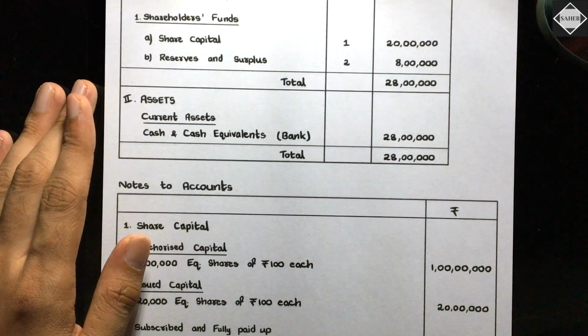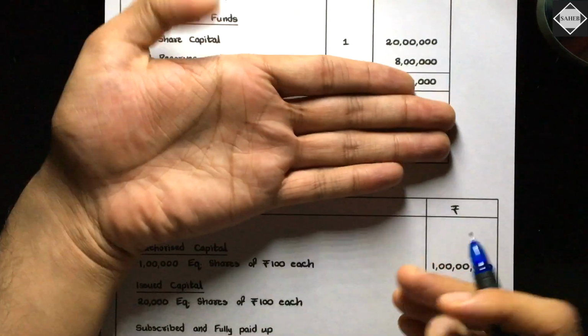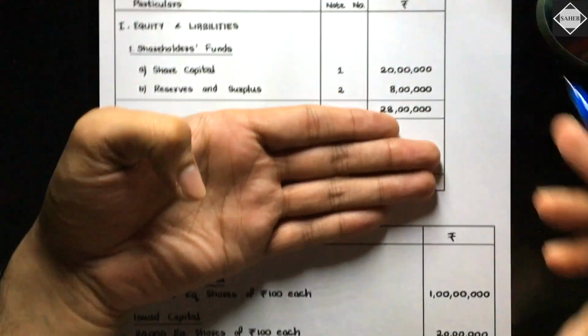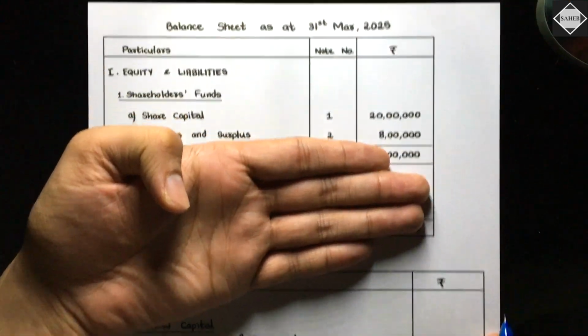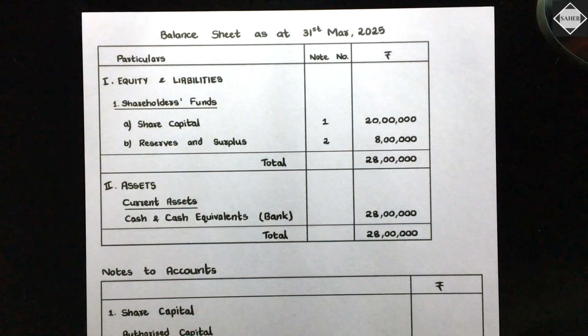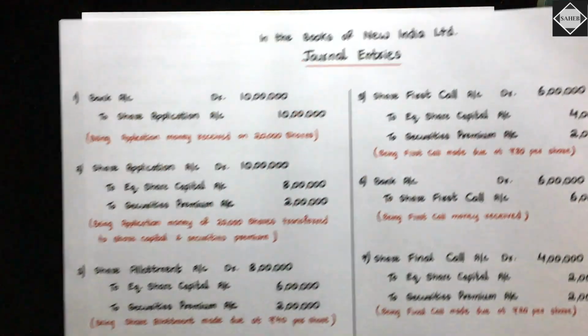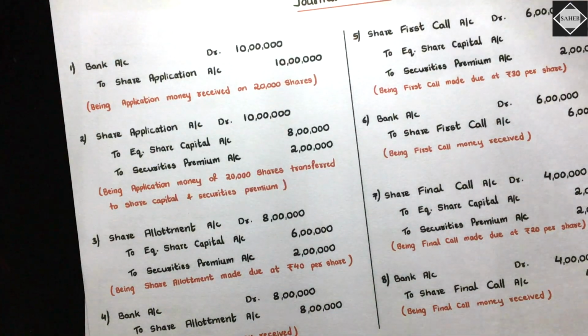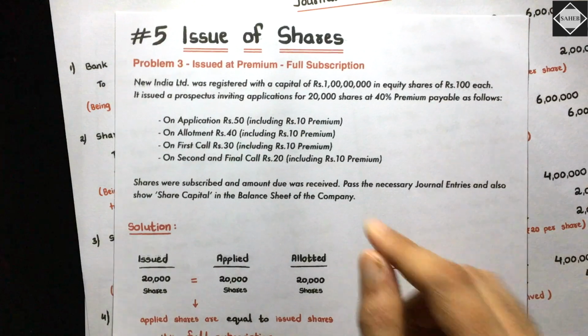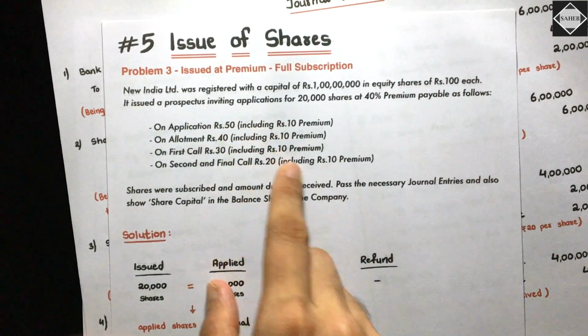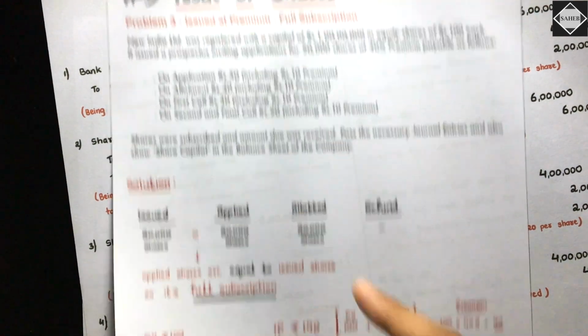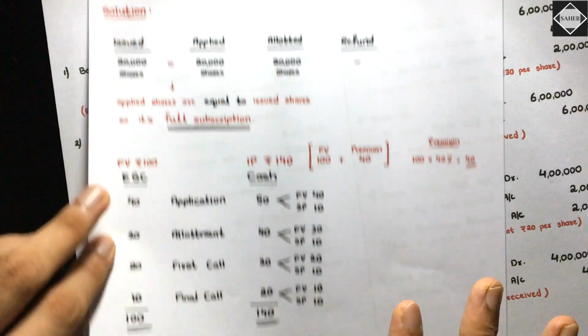But in the question they just asked for the share capital. Fine. Okay, simple and straightforward. And then one more important thing I had to tell you: in this question, they specifically told us that securities premium is there in all of the stages. In the bracket they gave us, right? We did the working note and understood completely.